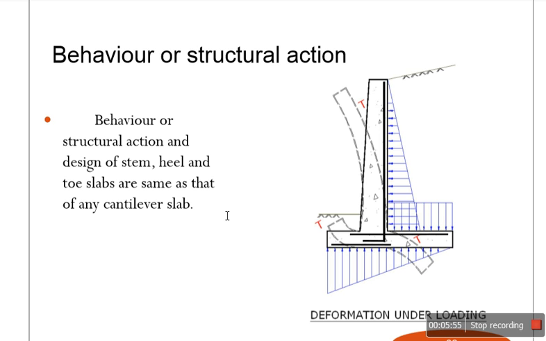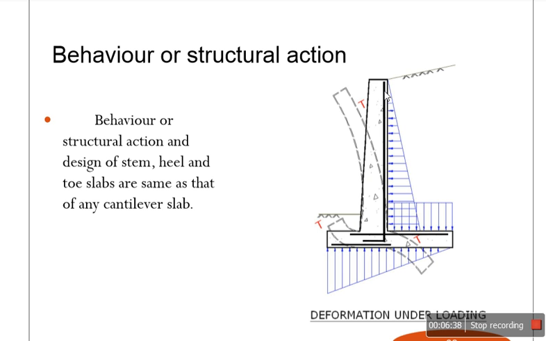The figure shows the thick line as the stable condition of a retaining wall, and if you're not reinforcing it, the dotted line shows the deflected or deformed shape of your retaining wall. You can see the fibers here are in tension, the fibers at the heel outer upper are in tension, and at the toe are in tension.